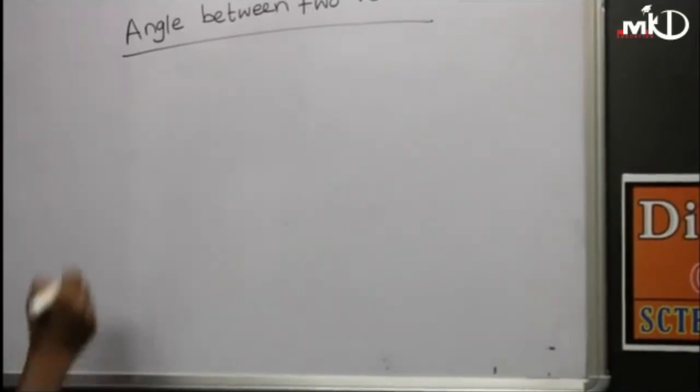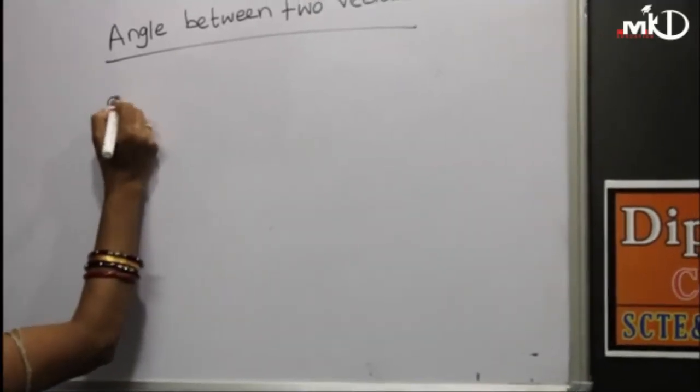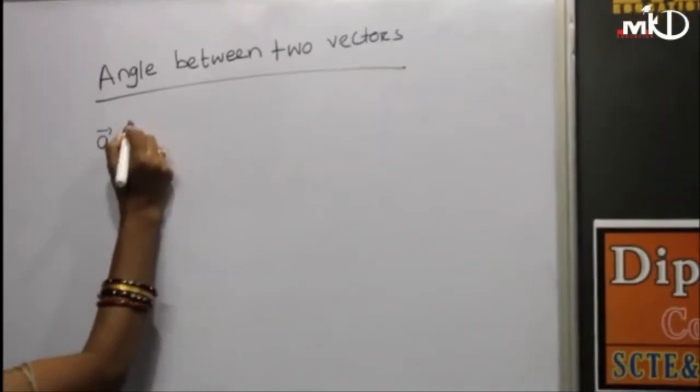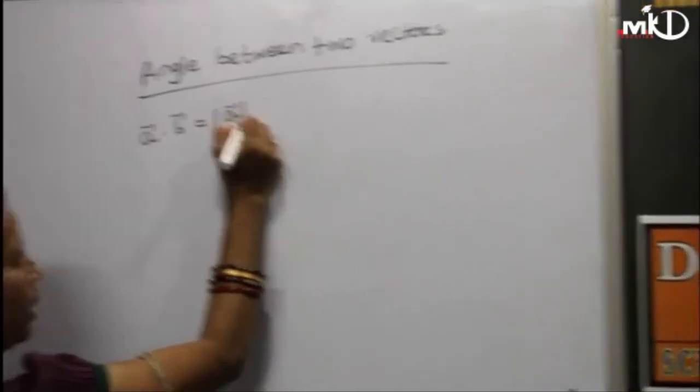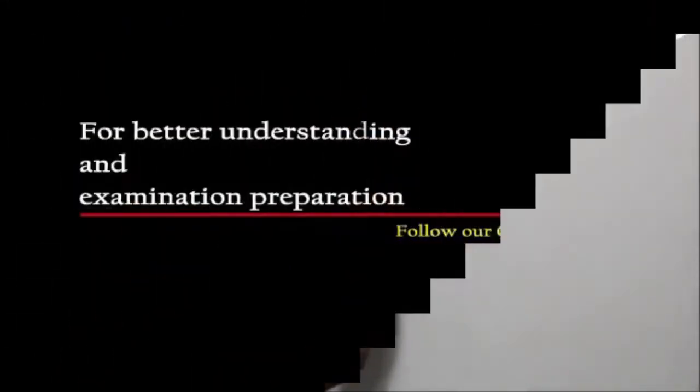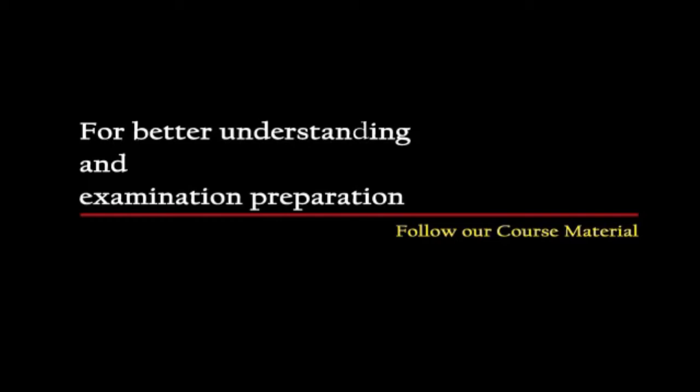From the definition, we already know A bar dot B bar is equal to modulus of A bar into modulus of B bar into cos theta.